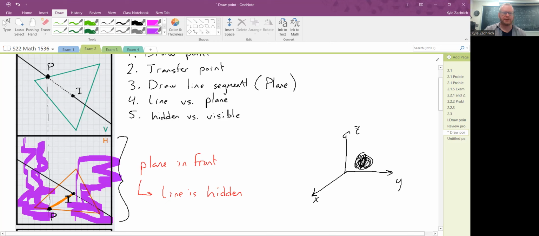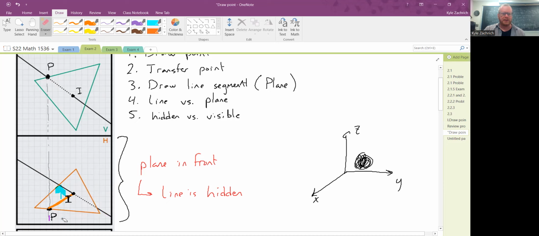If I block everything else out and I just look at that narrow hallway there, when we figure out what's in front, our arrows come from the bottom here. And so we see that the first thing it hits from the front is the plane, and then it hits the line. So our conclusion from this is that the plane is in front of the line.